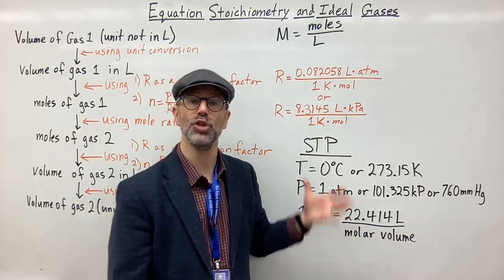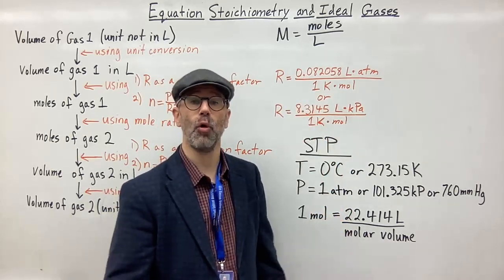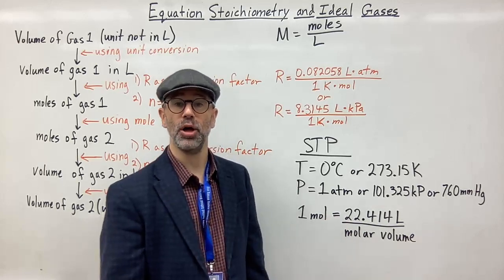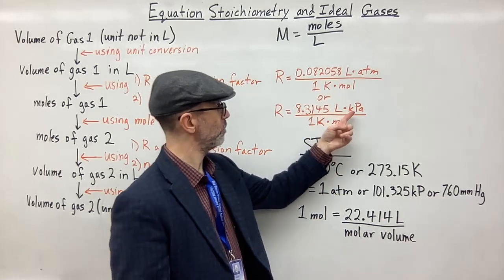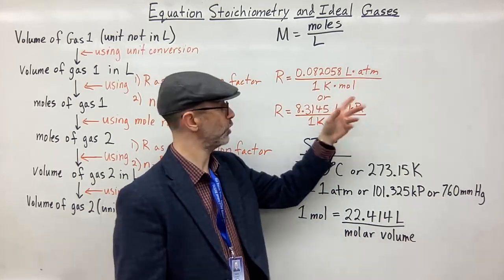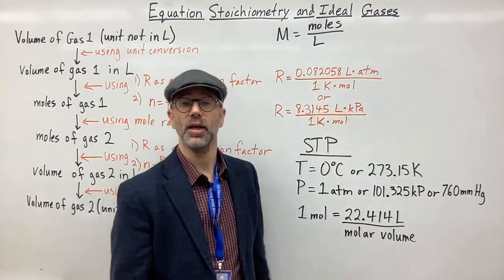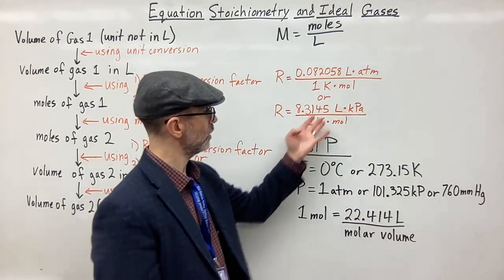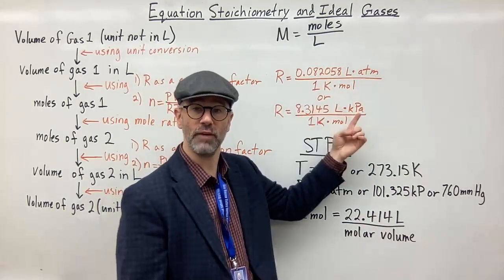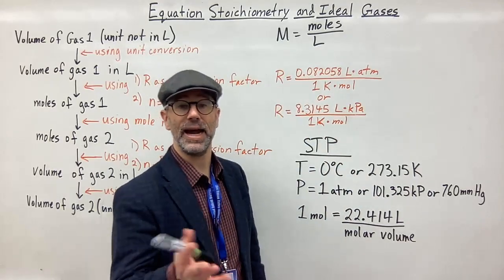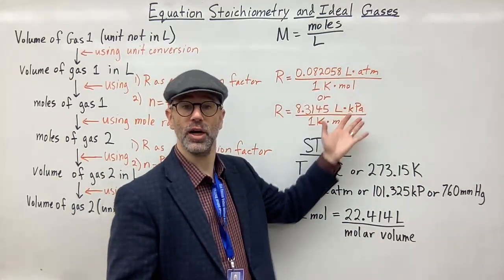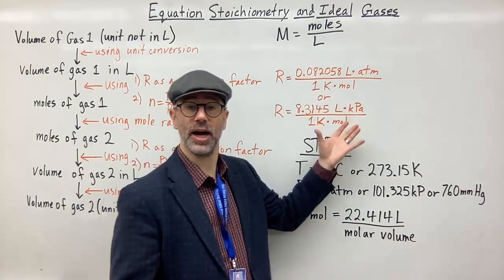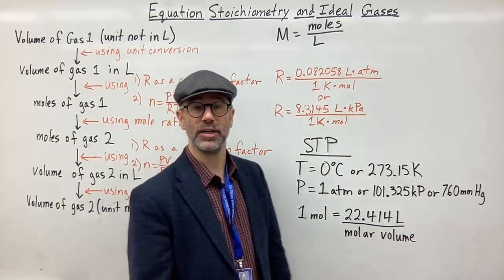Make sure you use the right R value for your particular problem with its particular given pressure units. Okay, so you could use the R value as a conversion factor. And again, I have example problems where I go over using the R constant as a conversion factor.